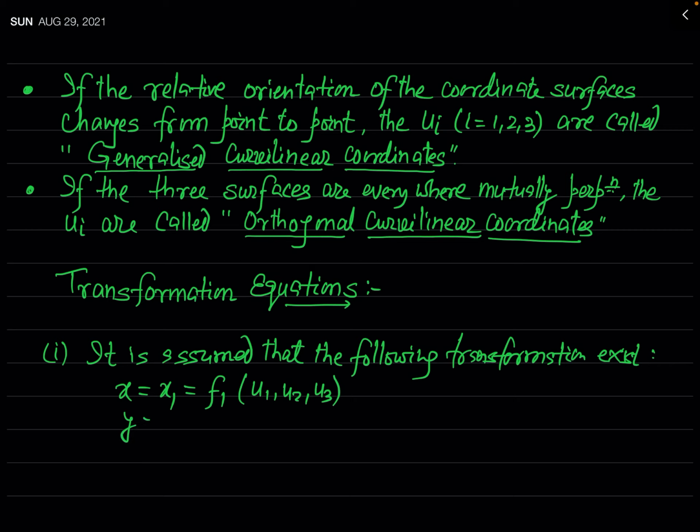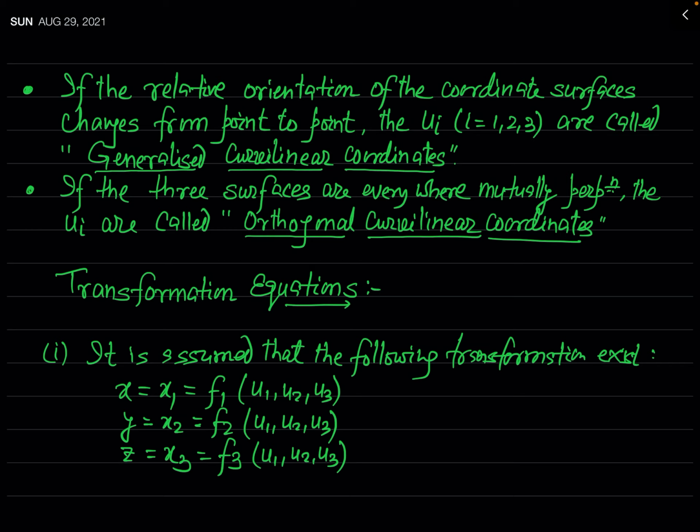Similarly, y is written as x2, and that can be expressed as a function of u1, u2 and u3. And z is written as x3 for convenience, and that can be expressed as a function of u1, u2 and u3. So this transformation equation exists here.